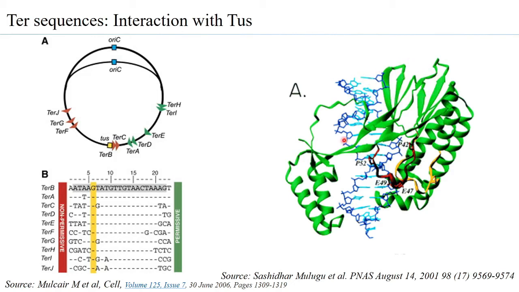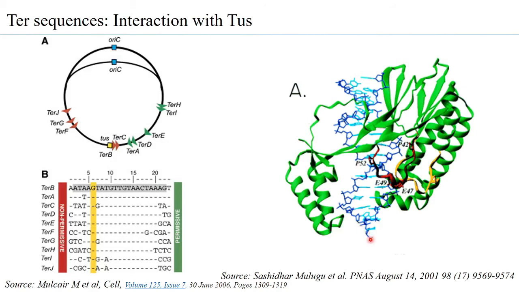It is observed that this anti-parallel beta sheet region is able to bind to the TER regions, and the efficacy with which it binds depends on the sequence of the bases in the TER. So this is something that has been observed. It has been proved by various studies that the TER-TUS complex is formed, and the TUS only accentuates the role of TER in termination of replication.